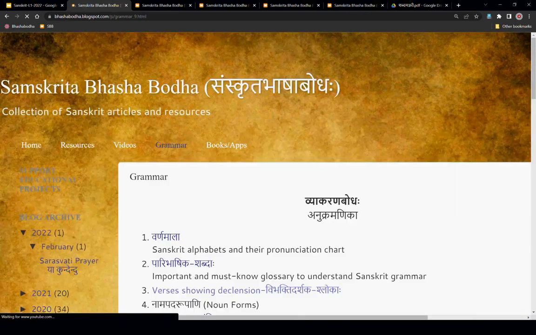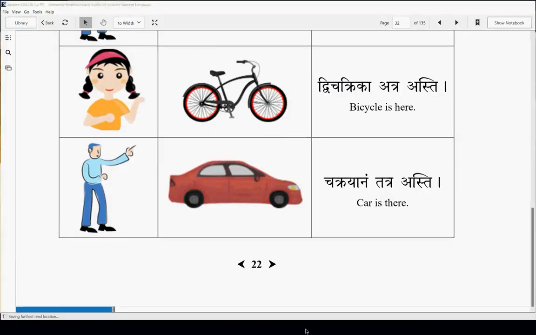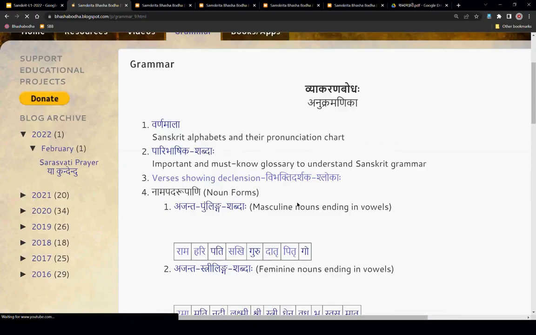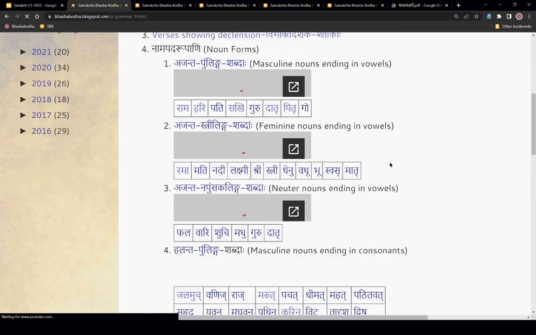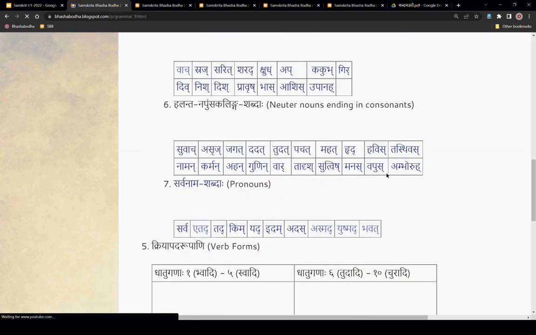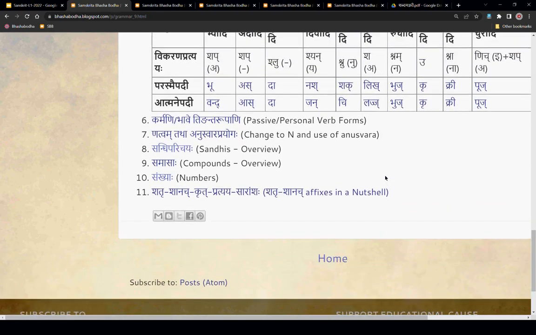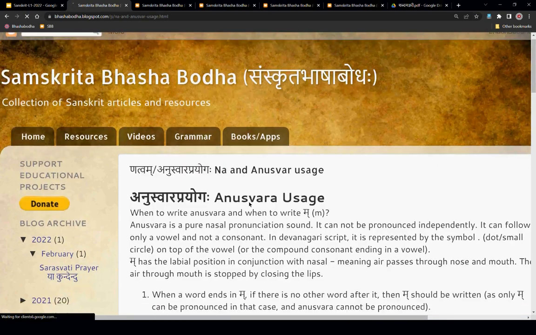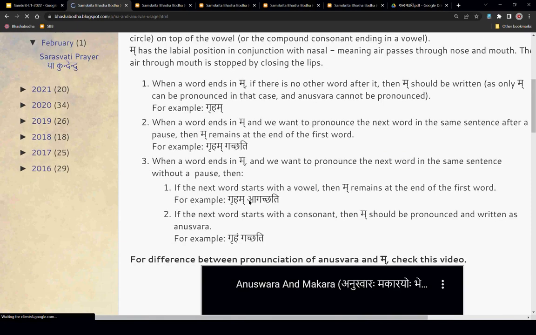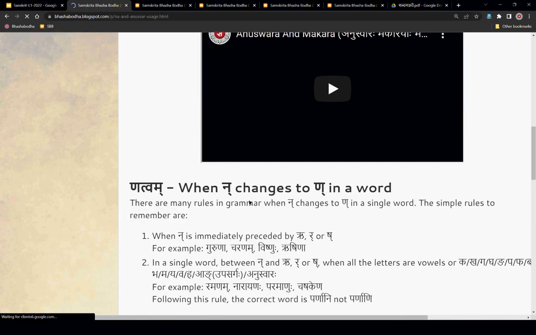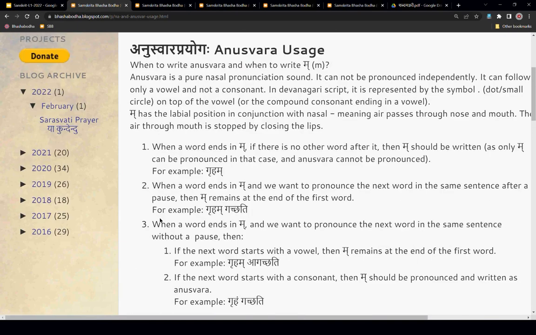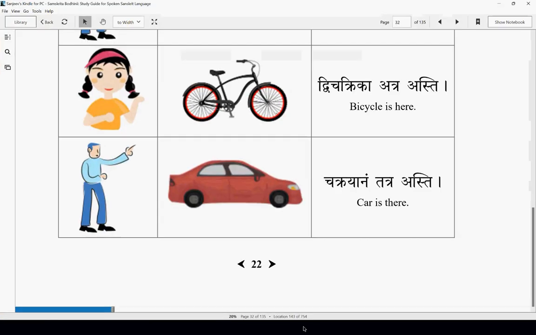It is also at the end of the book, the same Sanskrit word in the book at the end, but it's also here at the bottom. Natvam tatha anuswara prayoga. Okay, so you can go here, and the first part is anuswara prayoga. You can read through it later. You don't have to spend time now. Dhanyawad.